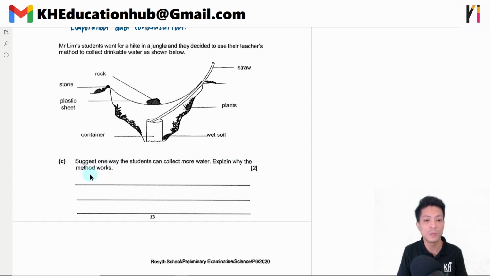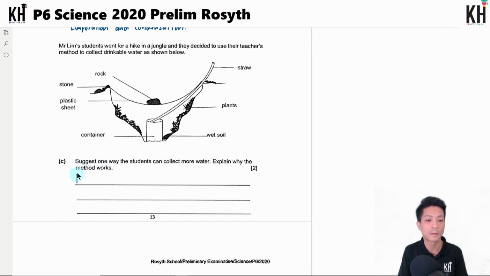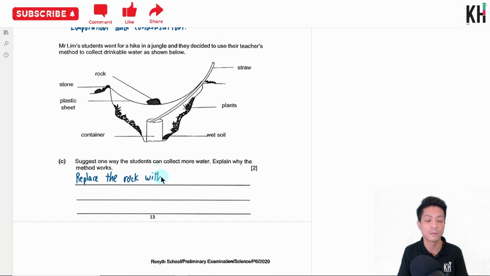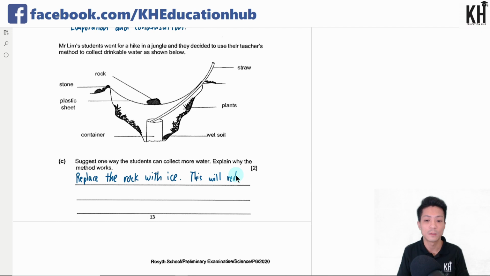Okay, so we can probably replace the rock with ice. Okay, so this will reduce the temperature of the plastic sheet.